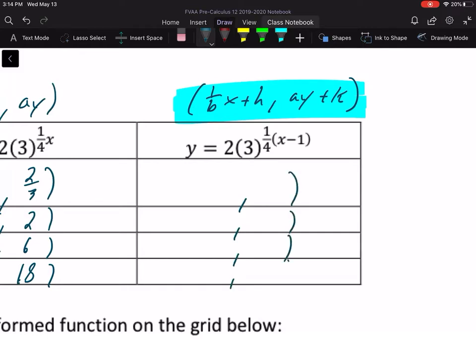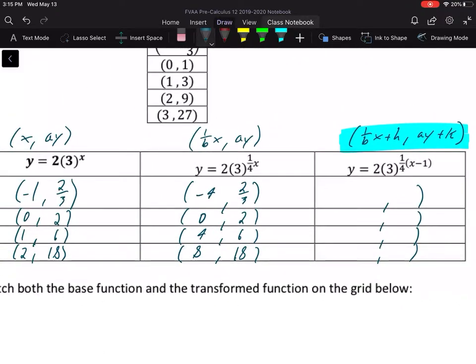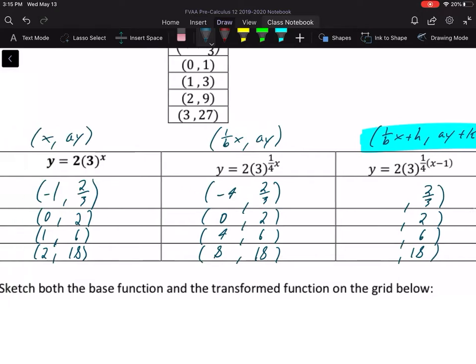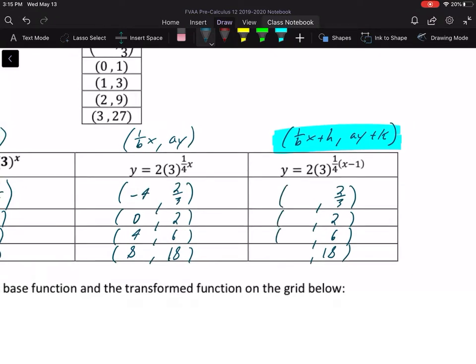Again, because there's no k value, my y value is going to stay the same as it was after the vertical stretch: 2 over 3, 2, 6, and 18. My h value is 1, so I'm just going to add 1 to my previous x values in this column. Negative 4 plus 1 is negative 3, 0 plus 1 is 1, 4 plus 1 is 5, 8 plus 1 is 9. And then I get my transformation from there.